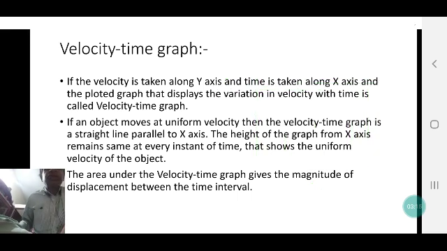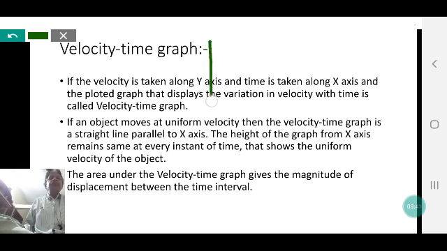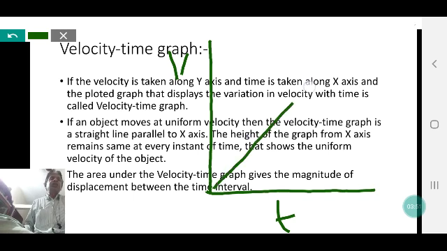Next point, we also discuss the area under the velocity time graph. This is how we interpret the velocity time graph. The area under the velocity time graph gives the magnitude of displacement between the time interval. Here it is a velocity time graph, with V taken on the y-axis and time taken on the x-axis.